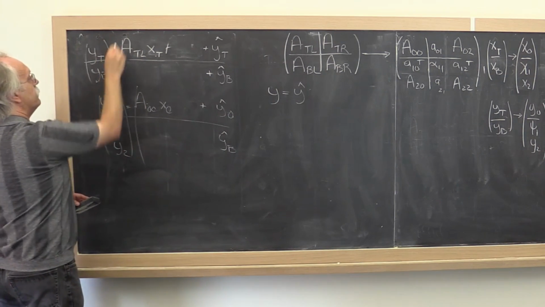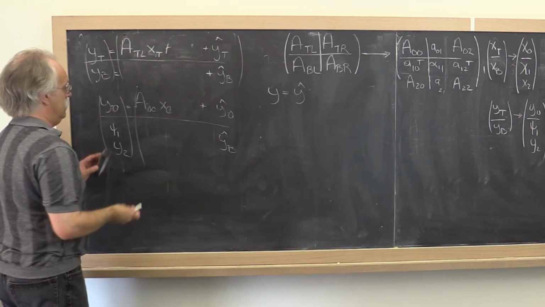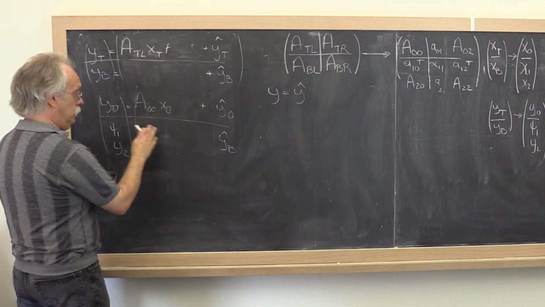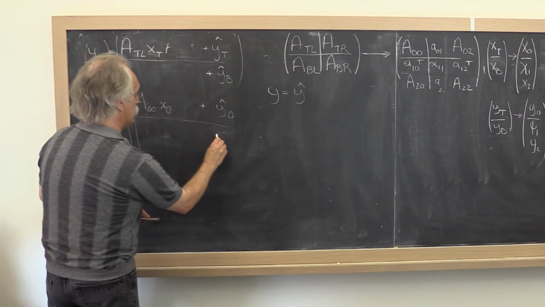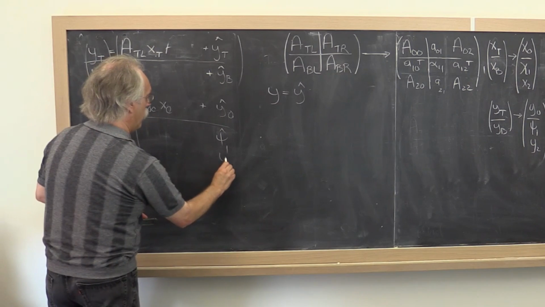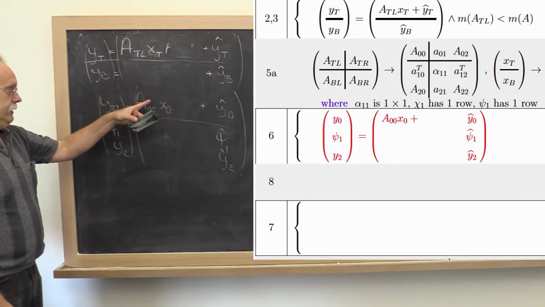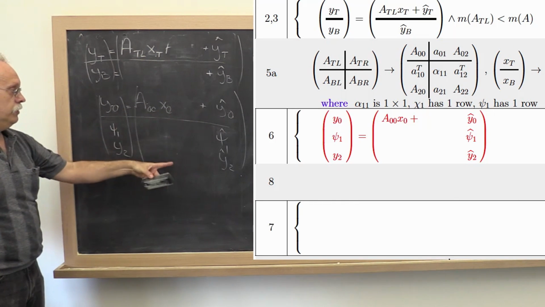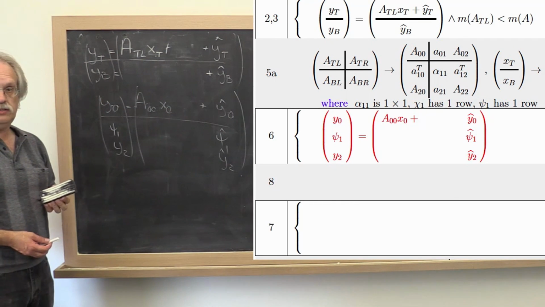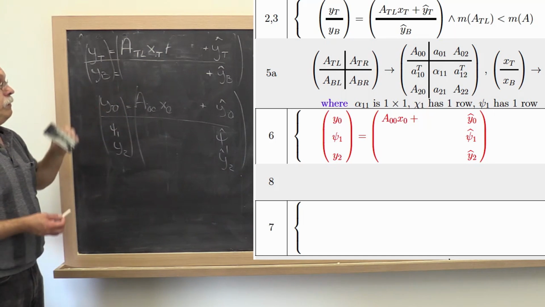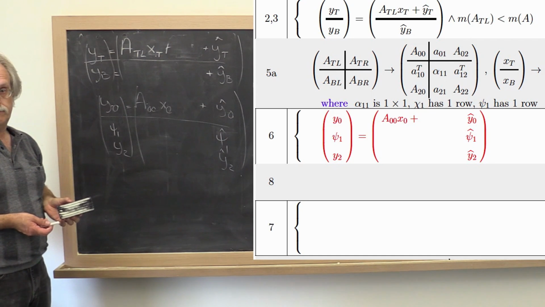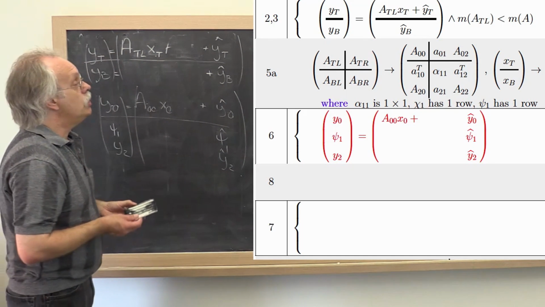Let's actually write it like that. And that has to be equal to, and then this becomes Psi1 hat, Y2 hat. Okay? That's the state of the vector in terms of the exposed pieces, and we get that by doing the textual substitution.